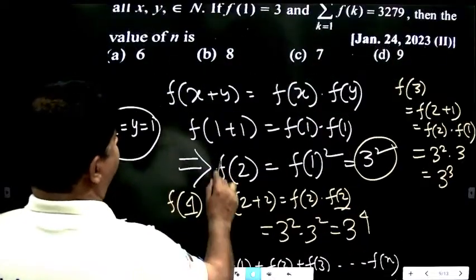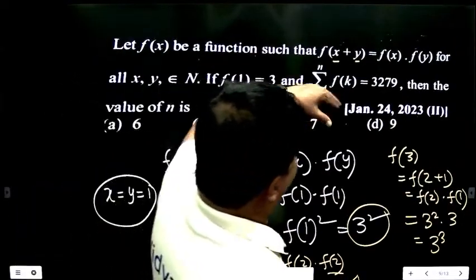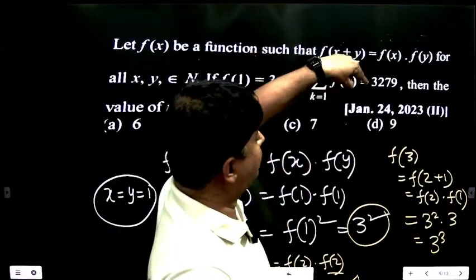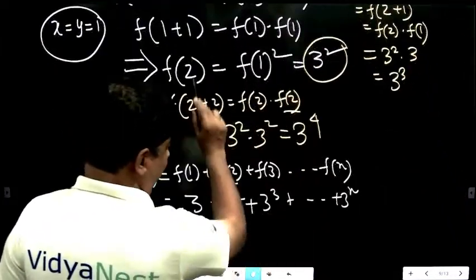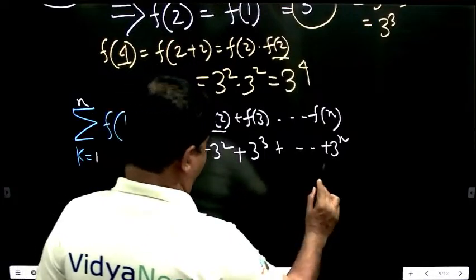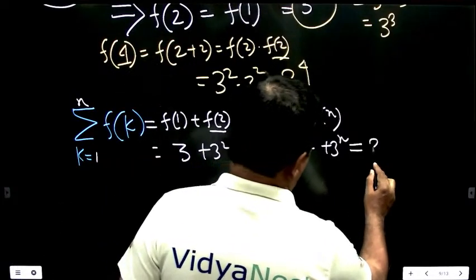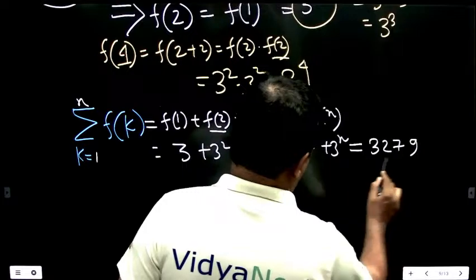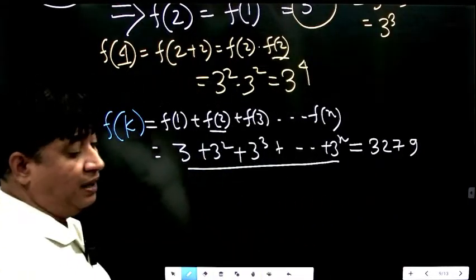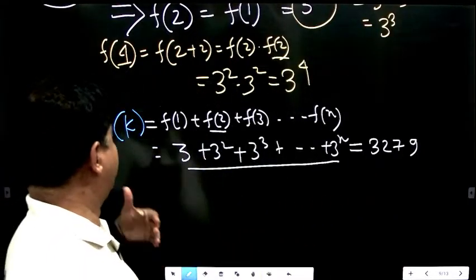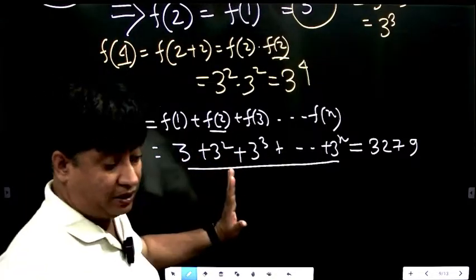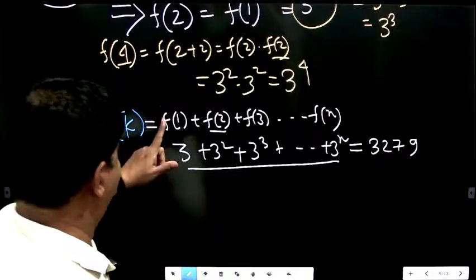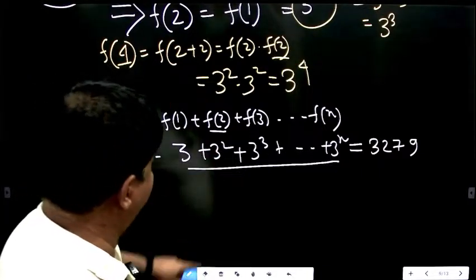So this summation equals 3279 according to the question. Now this series reminds you of what series in sequence, a GP series. First term 3, common ratio 3.